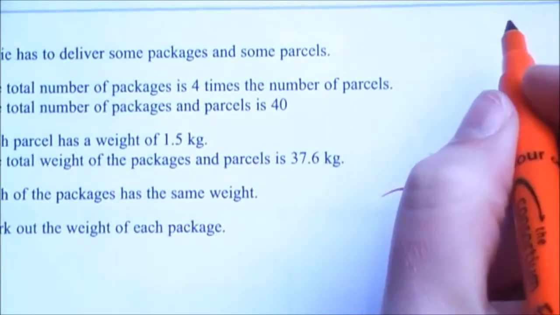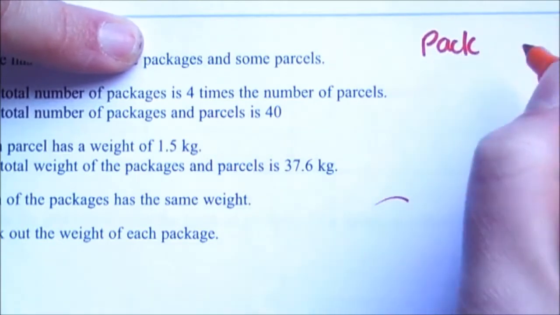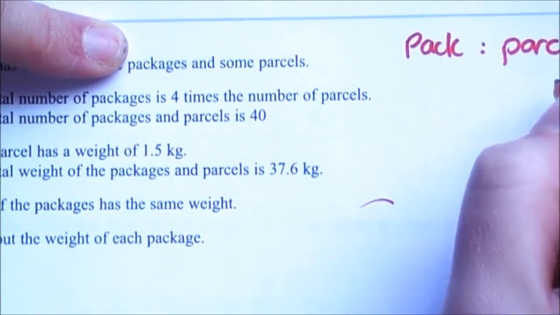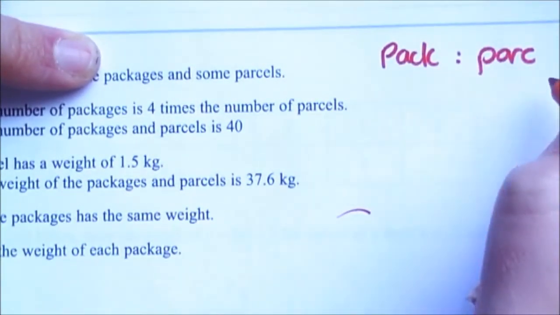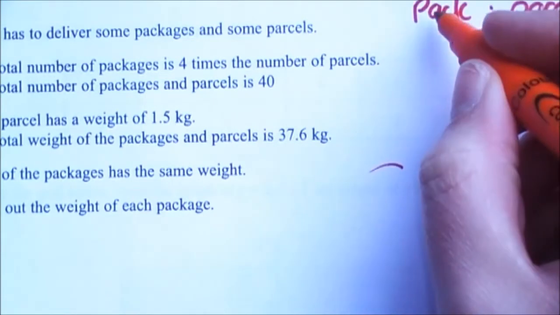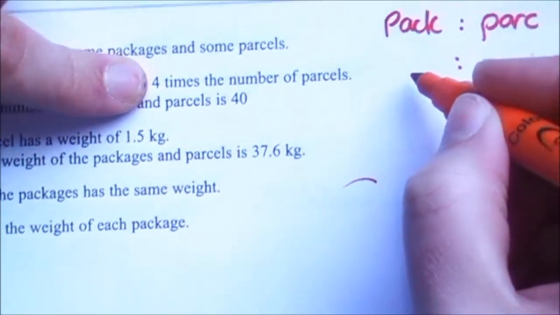So let me try and set it up as a ratio. So we're dealing with packages and parcels. And what do I know? Well, I know that the total number of packages is 4 times the number of parcels.